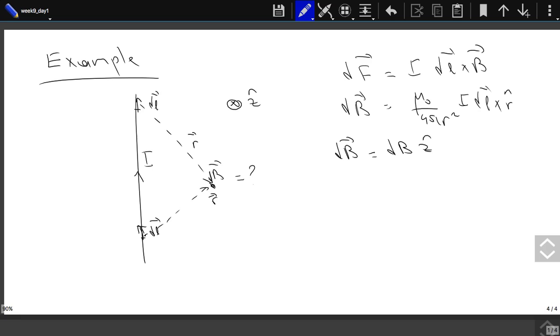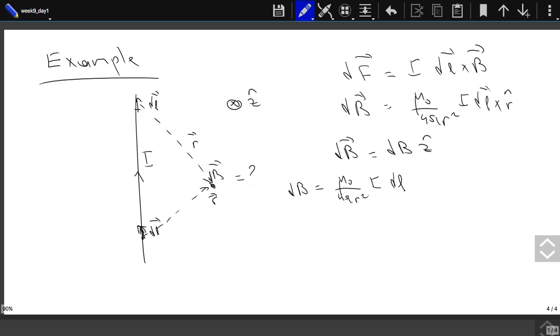Let's start with this one, dB. What is the magnitude of dB? The contribution to the magnetic field of this very small segment. Well, mu 0 over 4 pi r squared, I times the magnitude of dl, which is just dl. The magnitude of r hat is just 1. And the sine of the angle between the two.